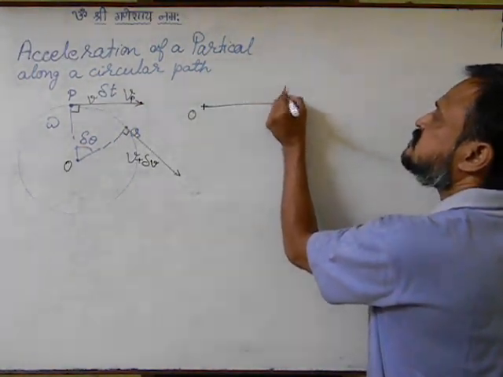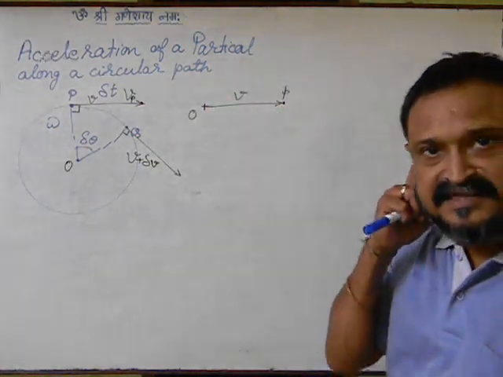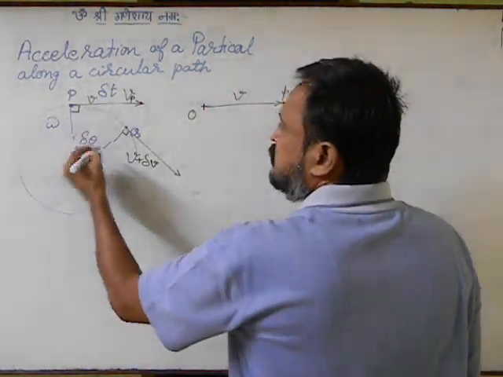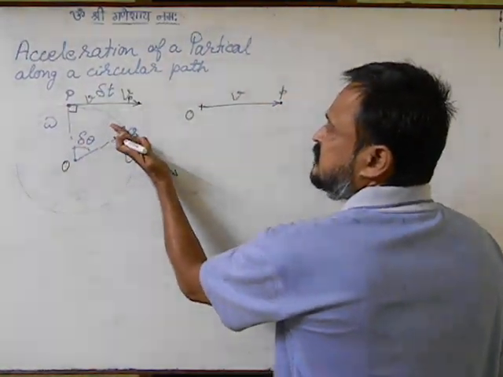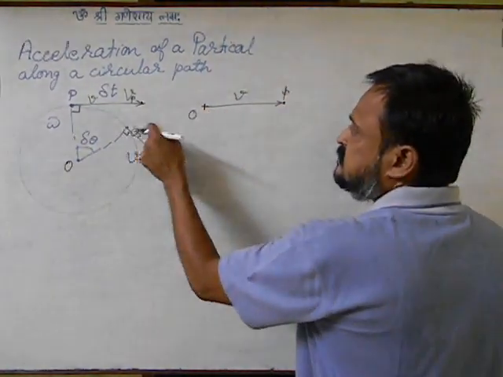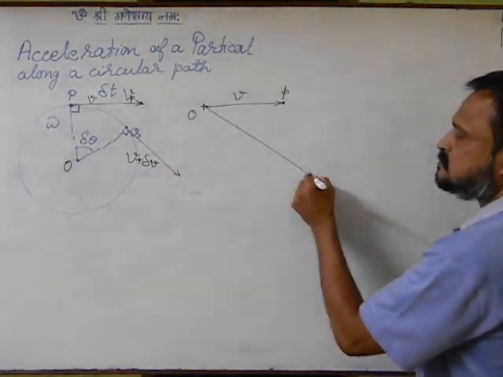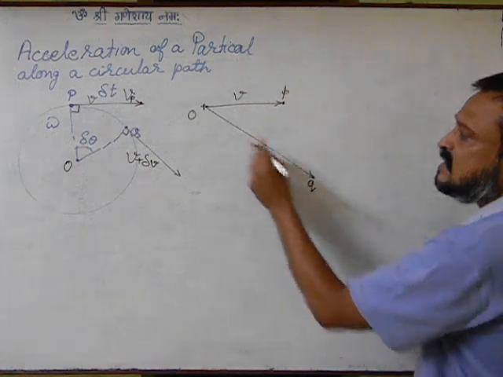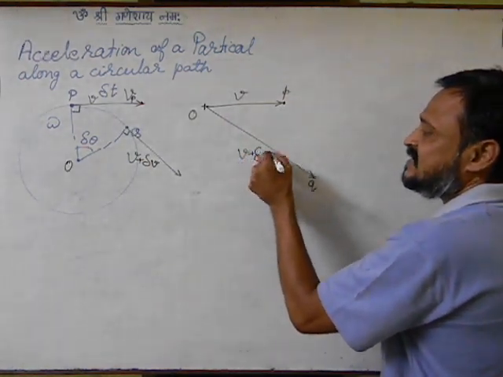So let us say this is point P and this is velocity V at this instant, and after del t, the velocity vector of the particle at the location Q will be this. So let us say this is Q and the magnitude of this velocity is V plus del V.